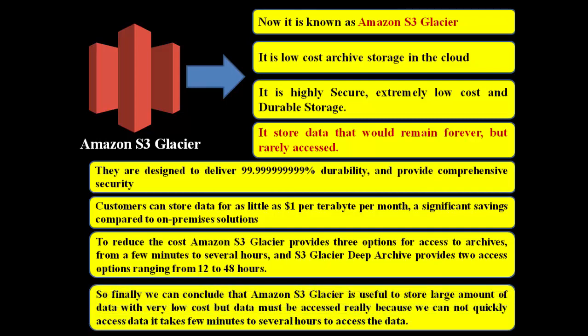So simply we can conclude that Amazon S3 Glacier is useful to store large amounts of data at very low cost, but data must be accessed rarely because we cannot access it quickly. It takes a few minutes to several hours to access the data. So whenever your data is very important to store but required to be accessed rarely, at that time we can use Amazon S3 Glacier. Now what are the benefits of S3 Glacier?